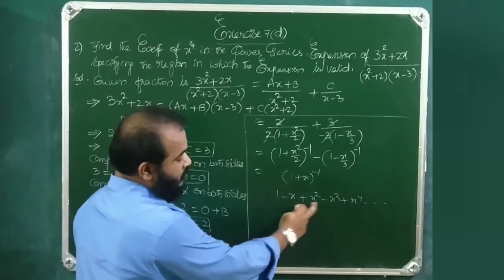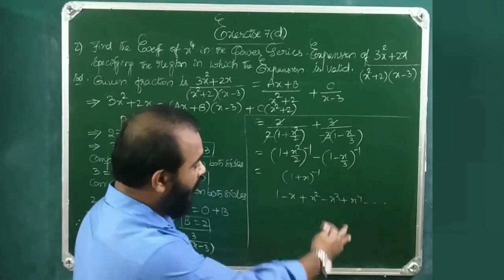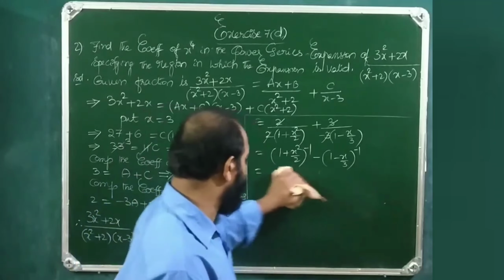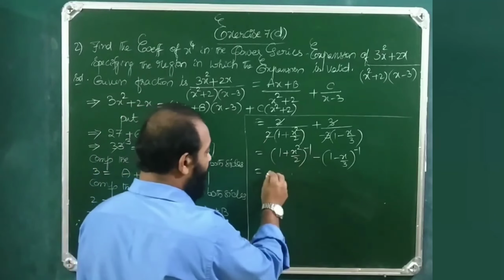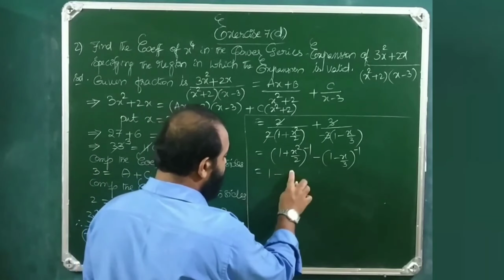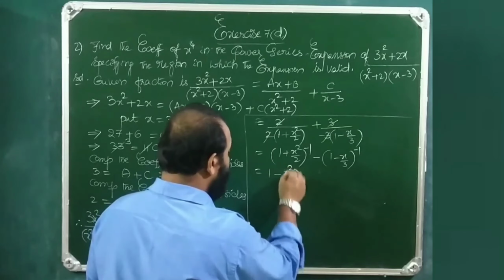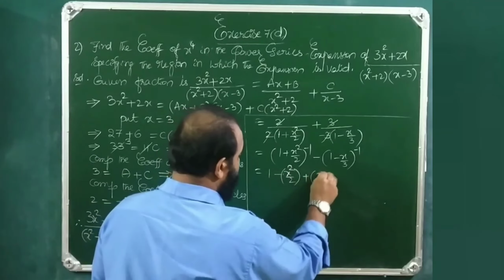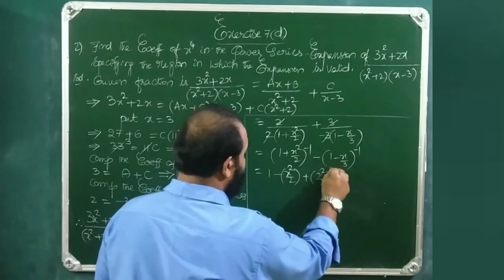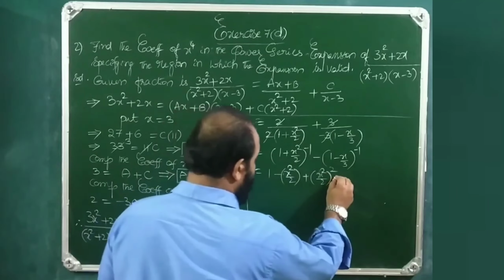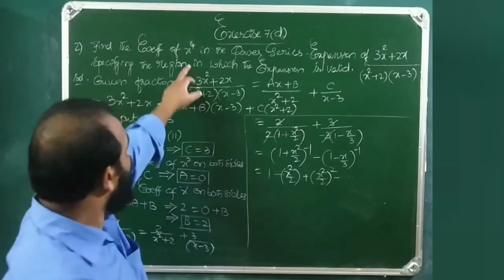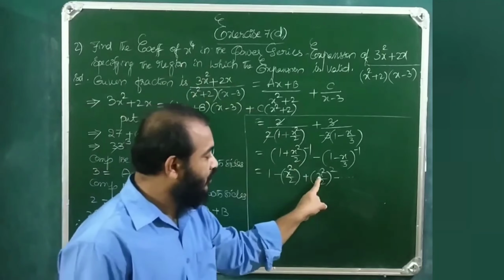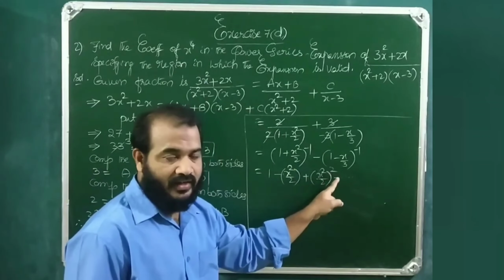So minus, plus, minus, plus, it will be alternating. So here we'll get, in the place of x, x square by 2: 1 minus x square by 2 plus x square by 2 whole square minus etc. We want the coefficient of x power 4. Here coefficient of x power 4 we are getting here.